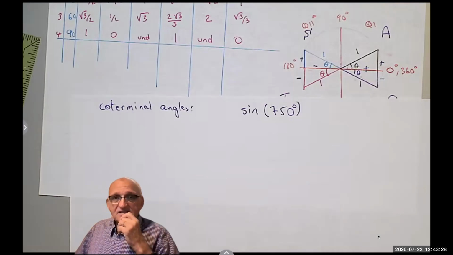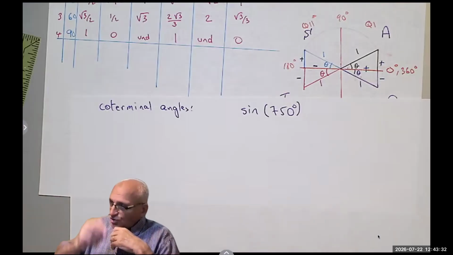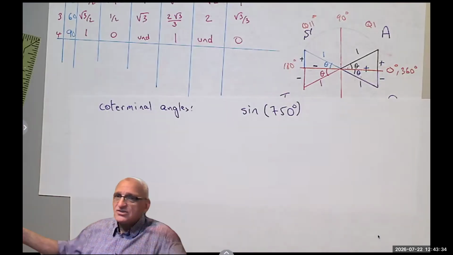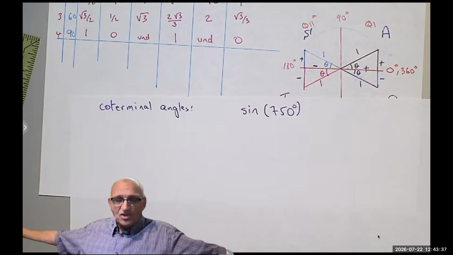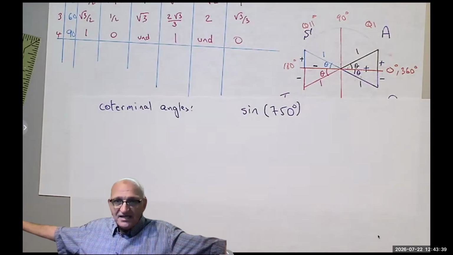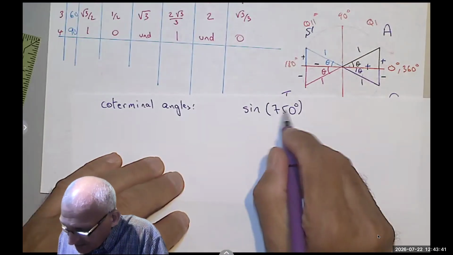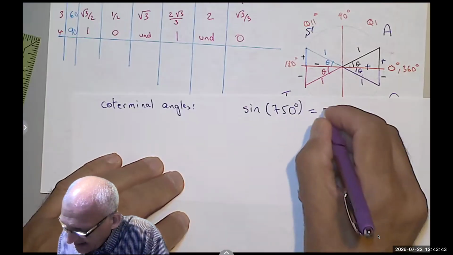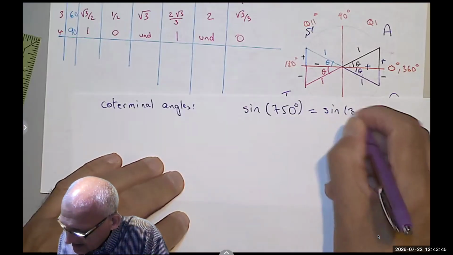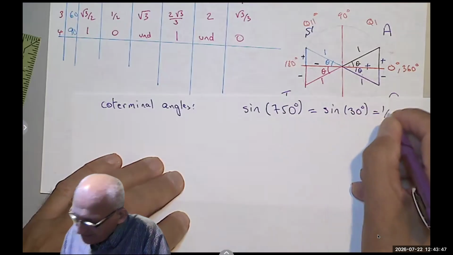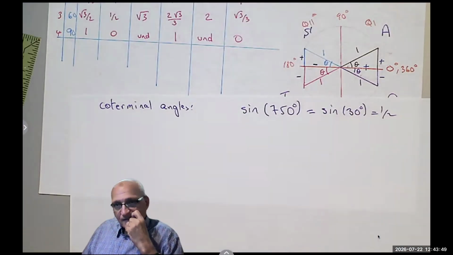I know that 360 times 2 is 720, meaning I would go two full circles, which don't change anything. So if I subtract 720 from that, I get 30 degrees, and the sine of 30 is 1/2. Okay?